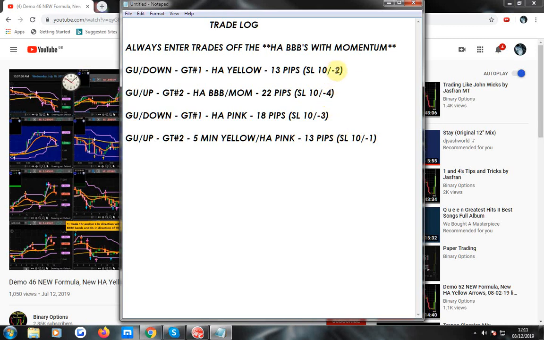So you're logging this now, so eventually you will be able to cut down your stop loss. You might be able to go to 7 pips instead of 10, which cuts your risk even more. The third trade was down. It was golden ticket number 1. It was a HA pink. It went 18. It was a 20 odd pipper, but you took 18 pips again.